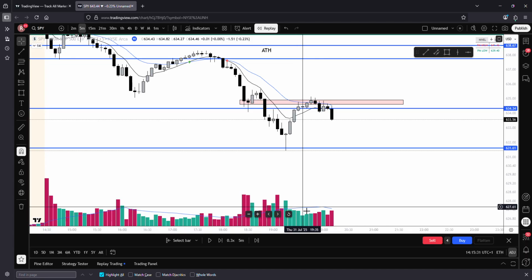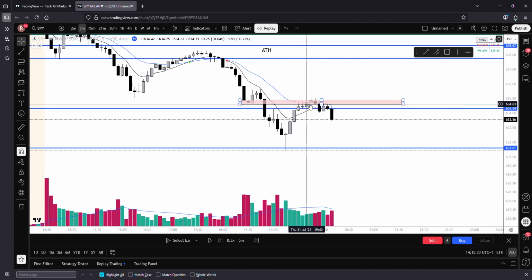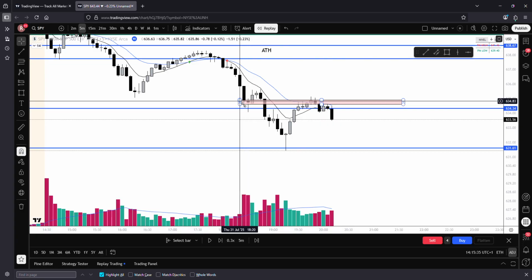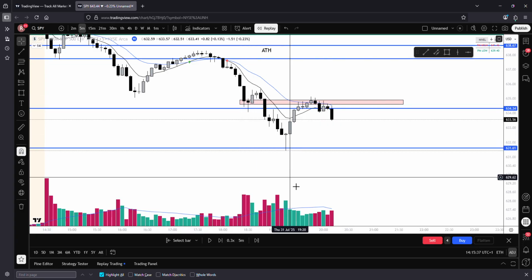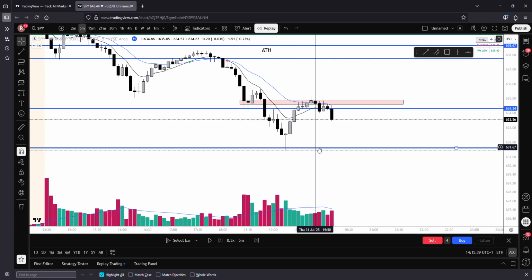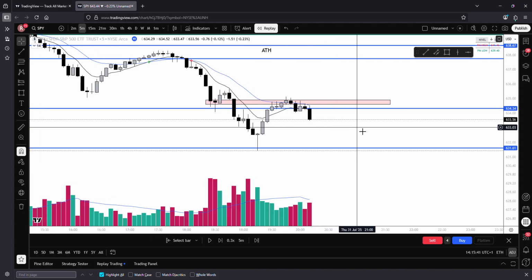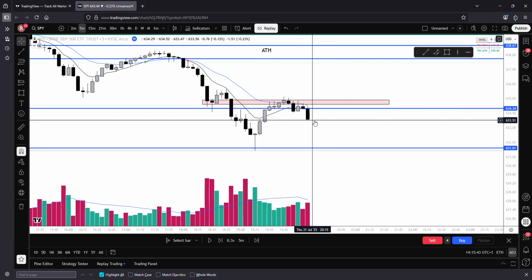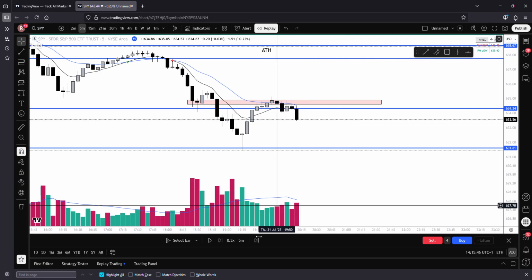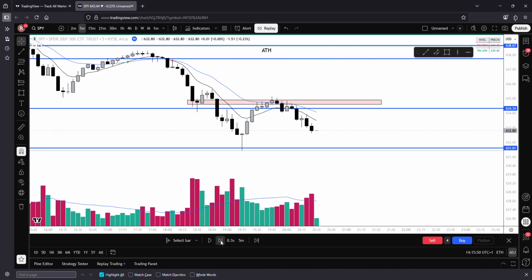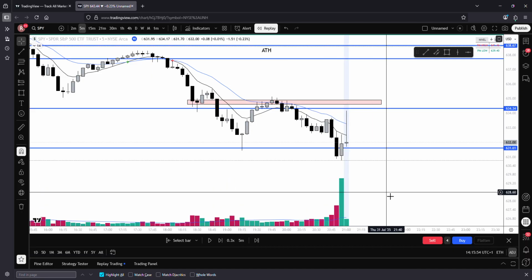And again here, volume drying out, and as you can see, candle spreads are shrinking as we're approaching the lower end of this range here. Volume starts to come in, bears stepping back on the gas, rolling over this EMA and pushing the market back down again. So we will roll it on.